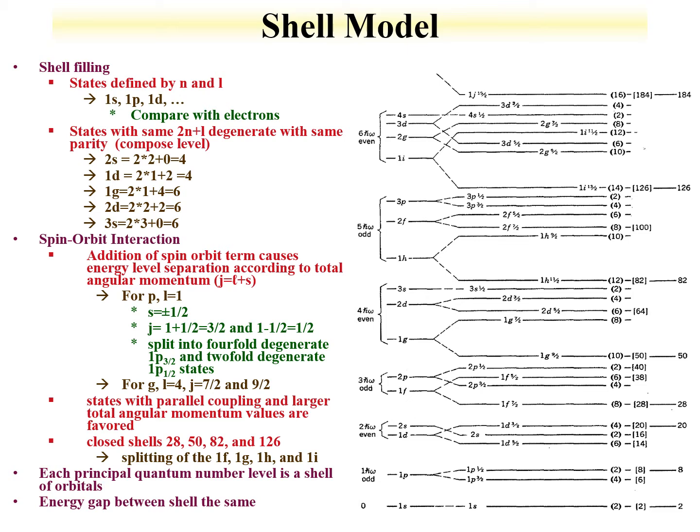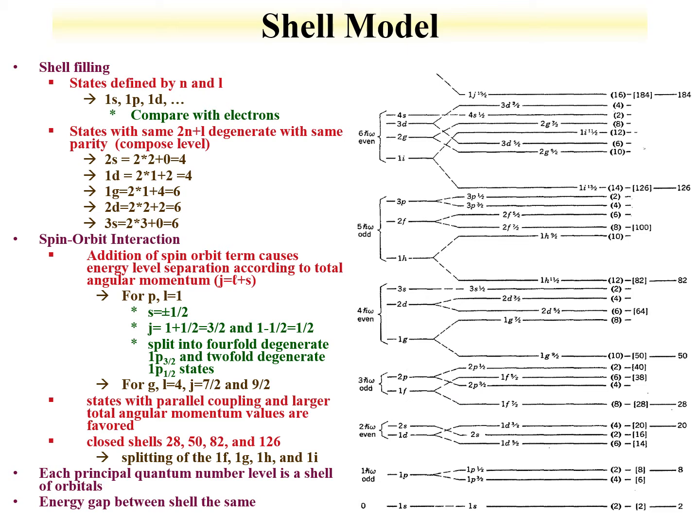So there's a variation in behavior of the shell model compared with the electron model. When we look at these states, we know that some states are degenerate, so we can group some energy levels together.